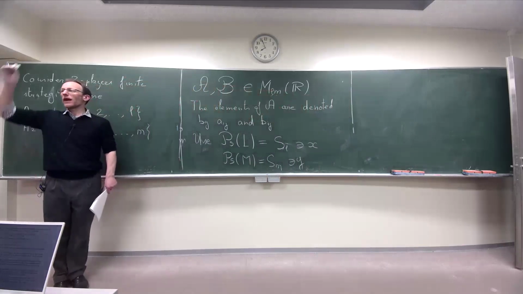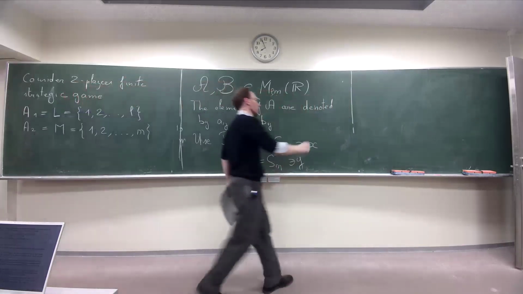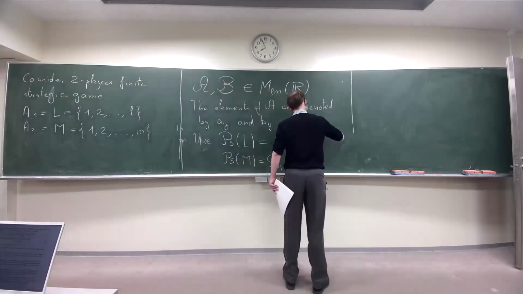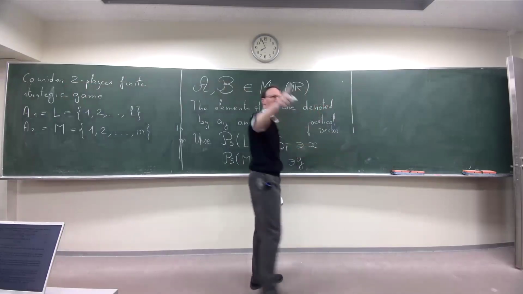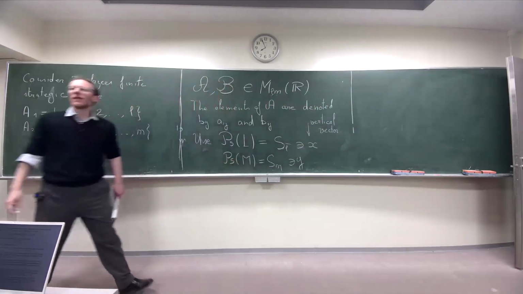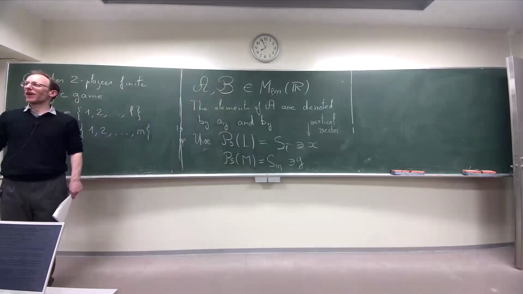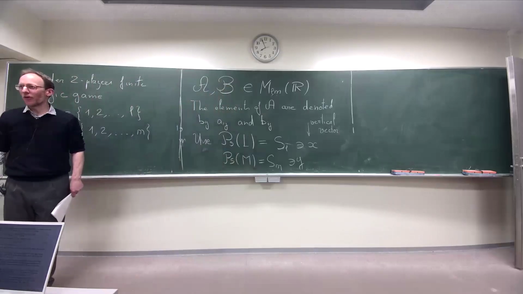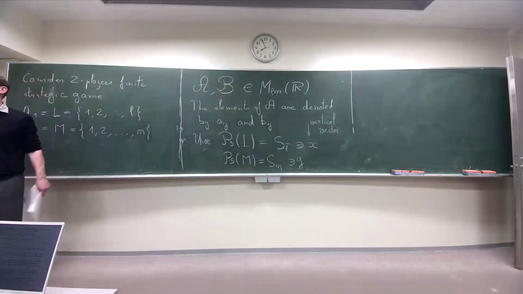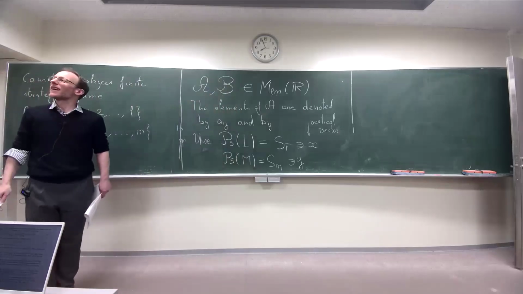Be careful, I will always consider that they are vertical vectors. So for me, a vector is a vertical one. Probably in economics they usually do the opposite, right? They usually use horizontal ones, correct? I keep my notation because in all my courses, I put vectors vertically.